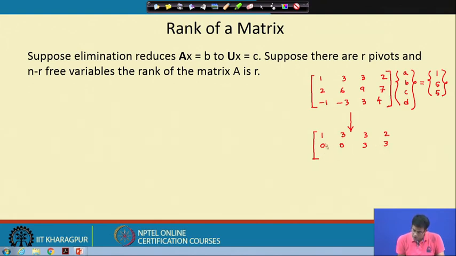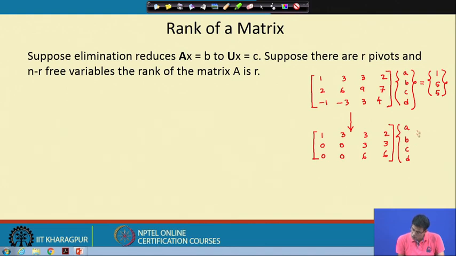In the case of the third row, I will just add the first row to the third row, then this will make 0 0, and this will make 6, and this will make again 6.